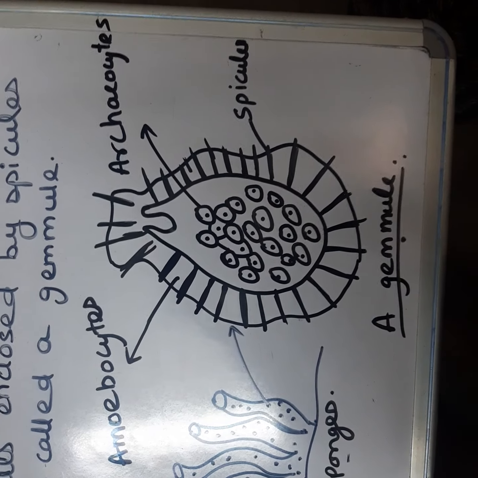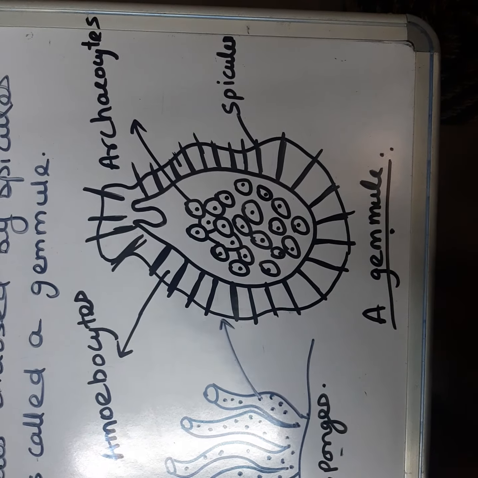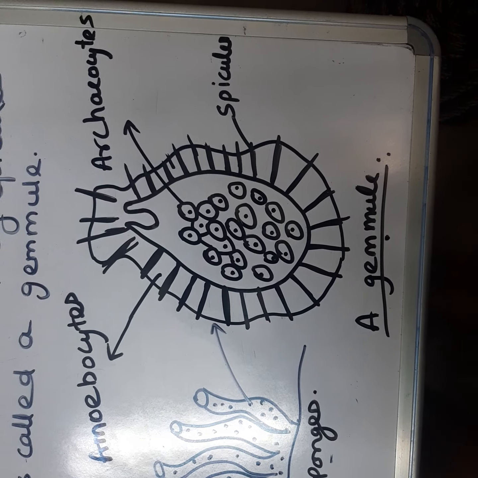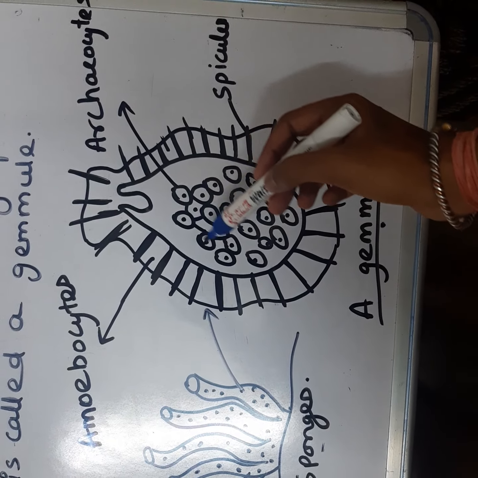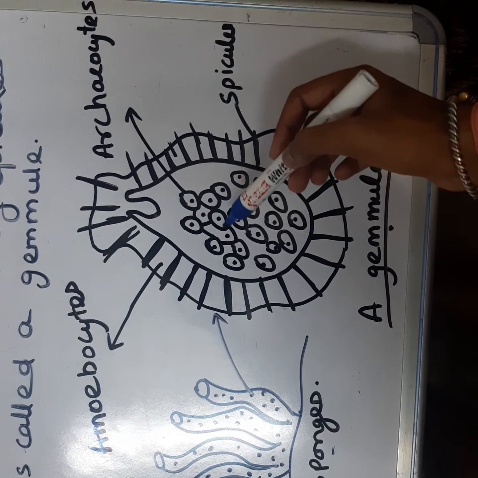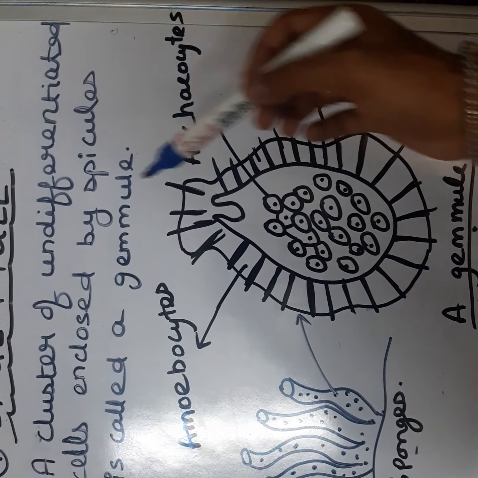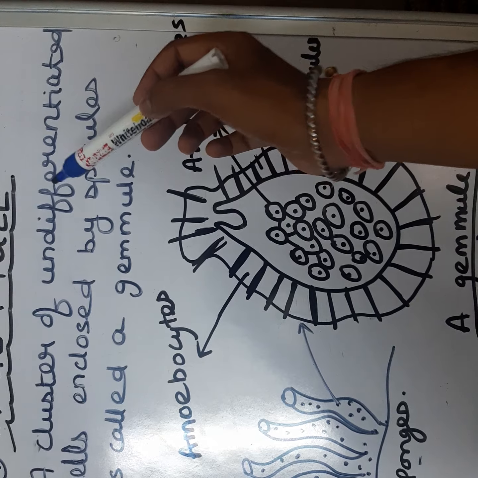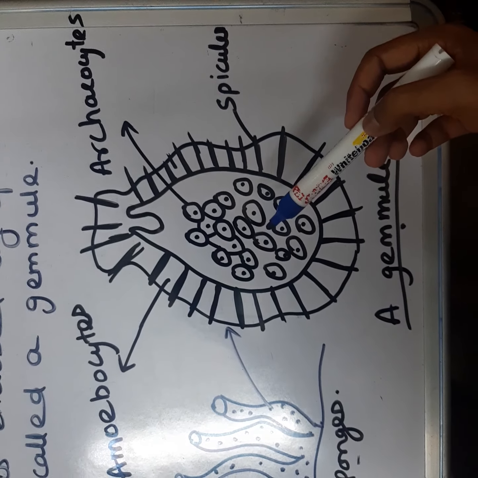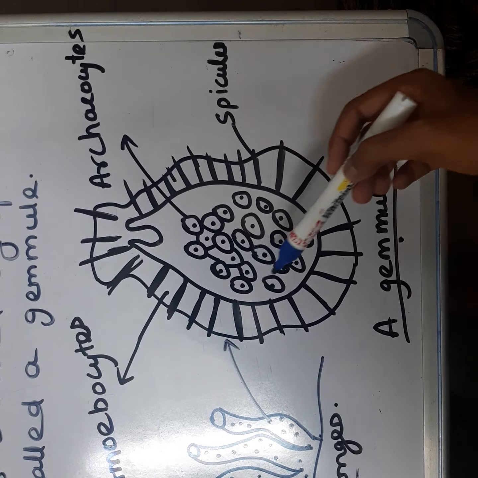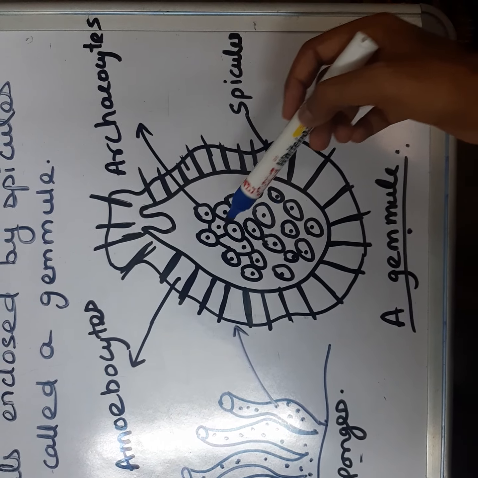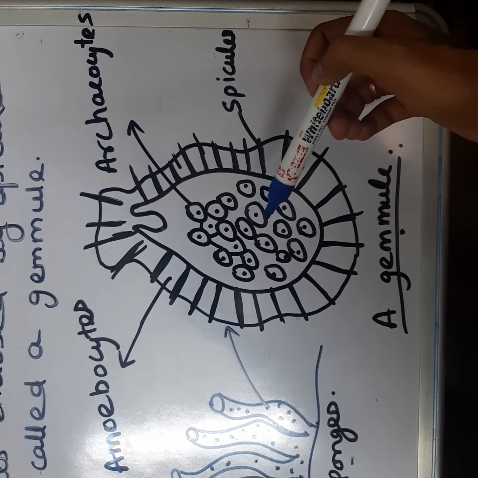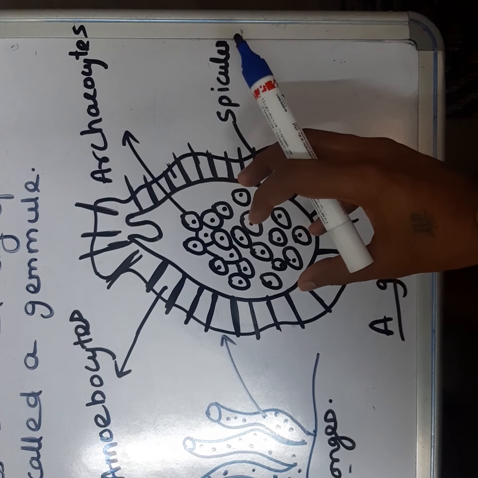Now, as you can see in the diagram, a gemule consists of a central cluster of cells. These are undifferentiated cells which we were talking about. As I have told you, undifferentiated cells do not have any work to do. They are just a group of cells here.